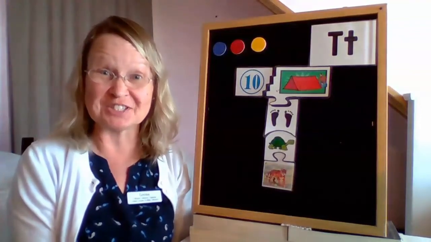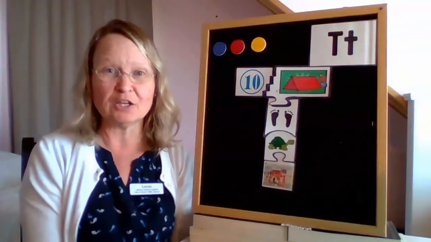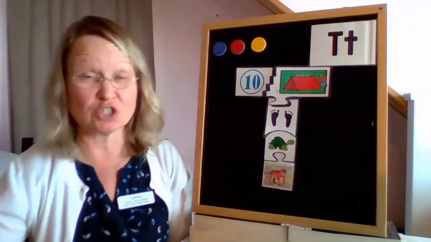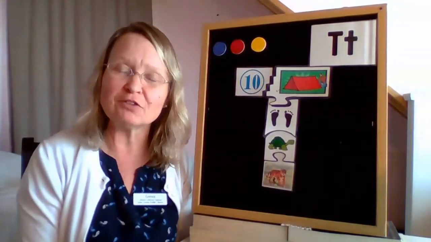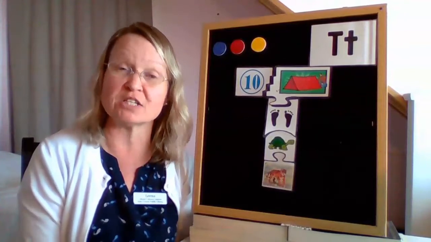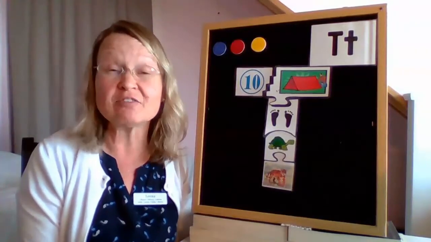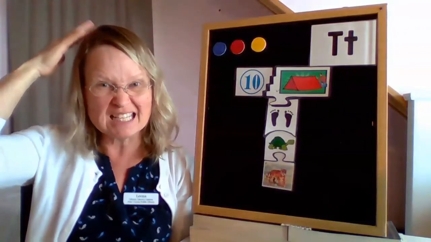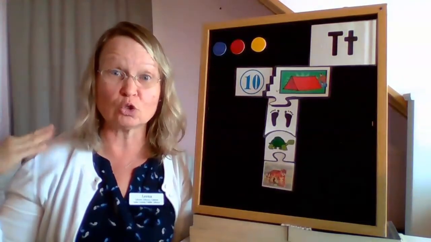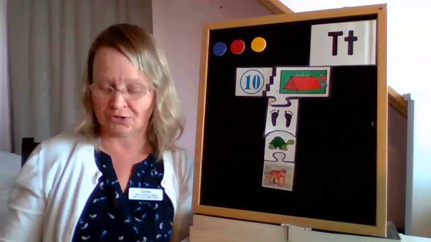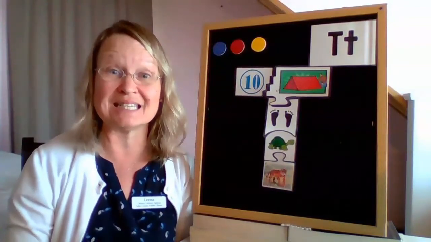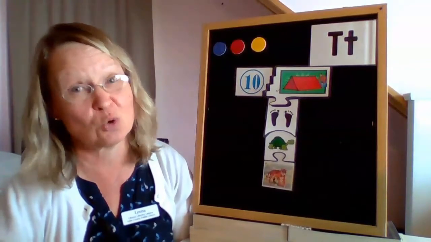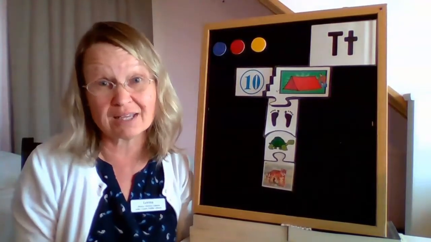Now here's a funny song you could do at home. You know the song Head, Shoulders, Knees, and Toes? Well, instead of using those words, we're going to make everything start with the T sound. So head would be Ted, shoulders would be toulders, knees would be T's, and toes would be toes, because toes start with the letter T sound already.